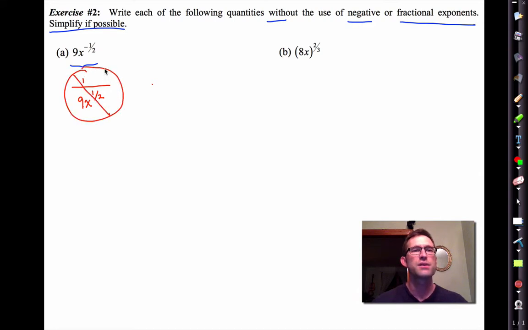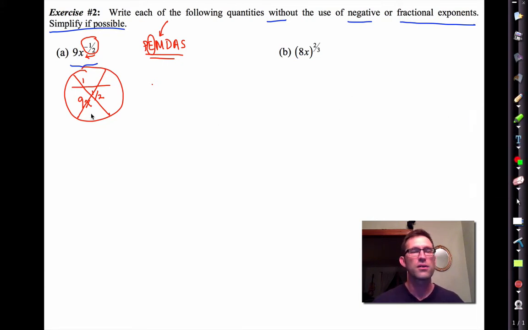The reason that this is such a huge mistake is that we have to remember our order of operations, right? Exponents come before multiplication. So that negative 1/2 exponent is only attached to the x. It is not attached to the 9.